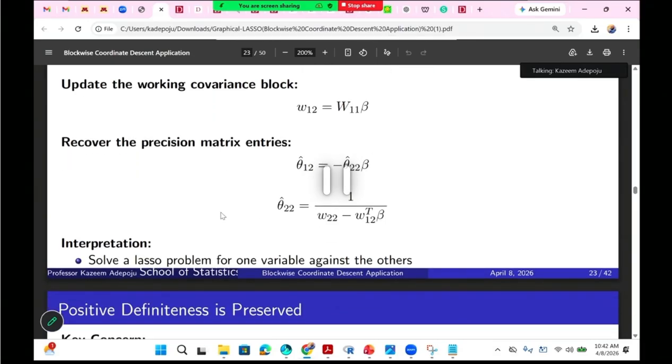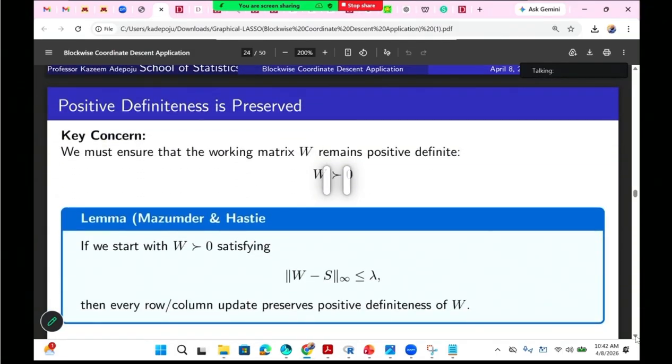So the interpretation here is that the lasso solves the problem for one variable against the others. This is the reason I talked about why I scaled it up the other time. Positive definiteness needs to be preserved. That's why we make use of the working covariance, shifting elements in the diagonal of the conventional sample covariance by lambda I-hat.